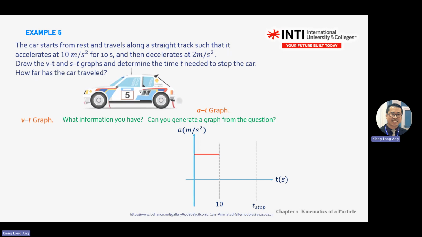question: what is the time needed to stop the car? So you have t stop. The car needs to stop at a certain time. No, you can calculate later. From here to here, what do you think is the shape of the line that connects this point and this point?